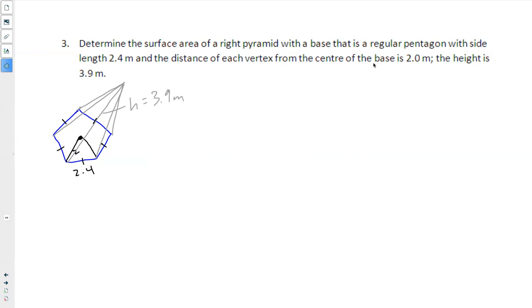Since it's a regular pentagon, we can use the formula that we just derived. So surface area is equal to slant height divided by 2, multiplied by the perimeter of the base, plus the surface area of the base.